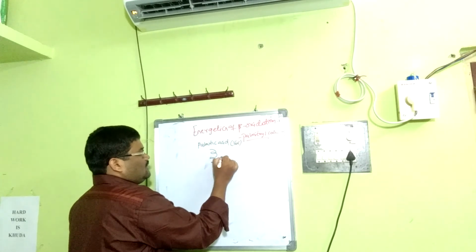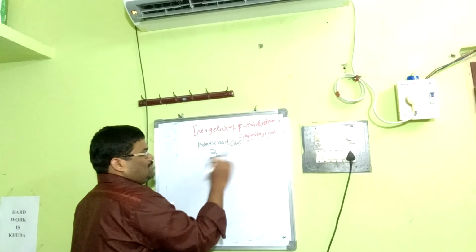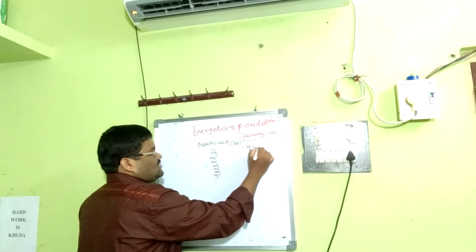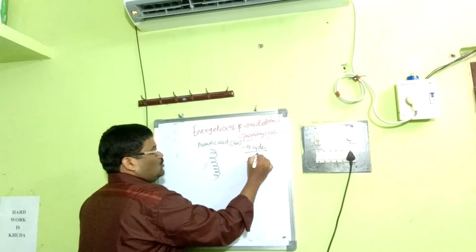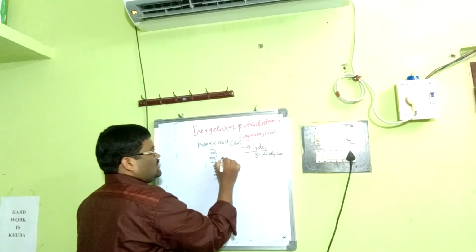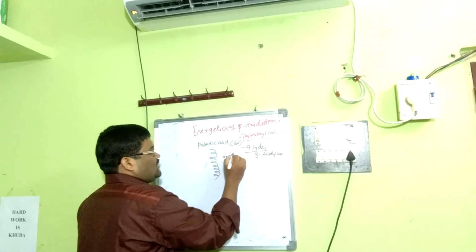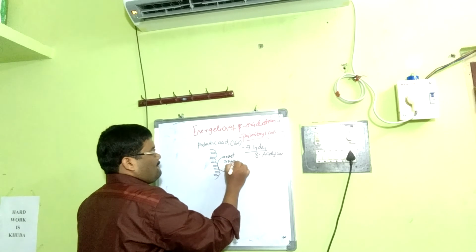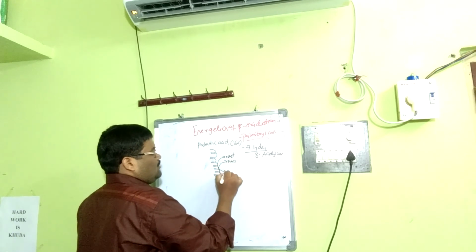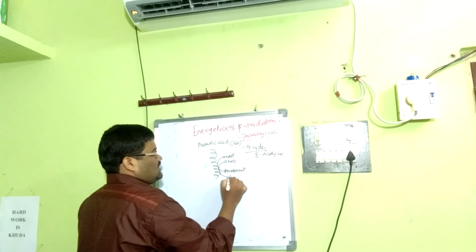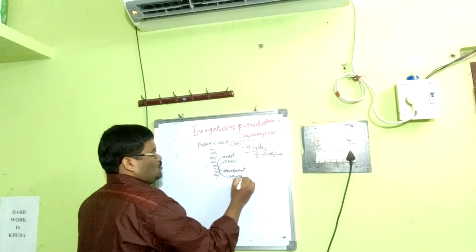Then the schematic presentation. I told you already, 7 cycles it undergoes to release 8 acetyl coenzyme A. It means that 7 NAD plus and 7 FAD will form 7 NADH plus H plus and 7 FADH2.